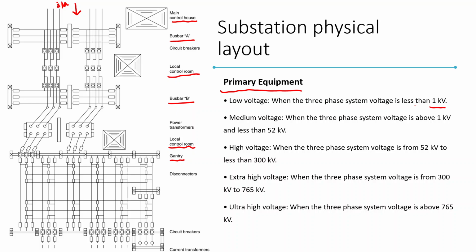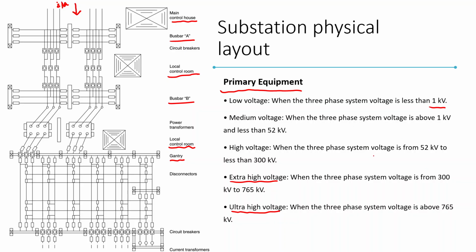If it's between 1 kV and 52 kV, medium voltage equipment. Between 52 kV and 300 kV, high voltage equipment. Between 300 kV and 765 kV, extra high voltage equipment. And more than 765 kV, ultra high voltage equipment, right?